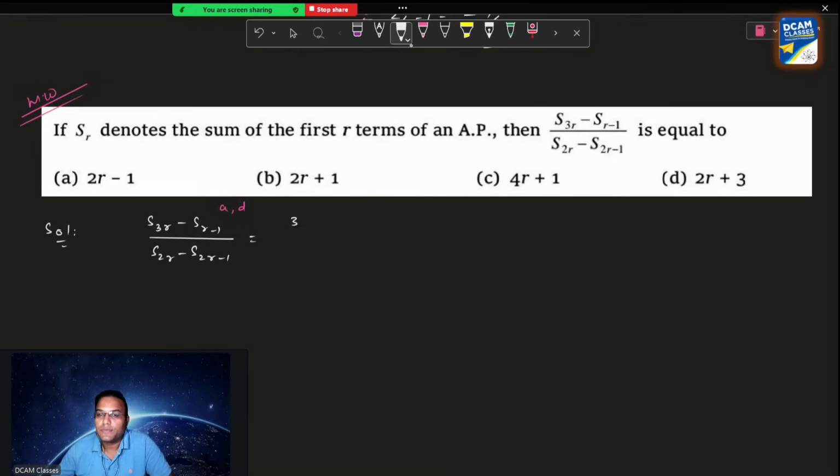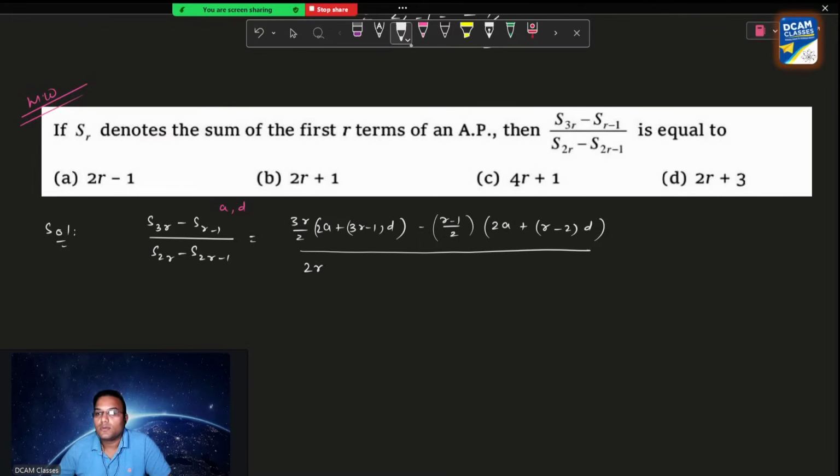It will be 3R by 2 into 2A plus 3R minus 1 into D, minus R minus 1 by 2 into 2A plus R minus 1 into D, divided by 2R by 2 into 2A plus 2R minus 1 into D.